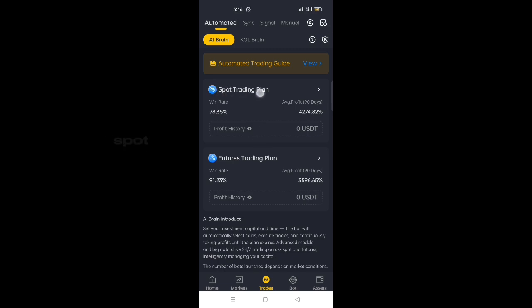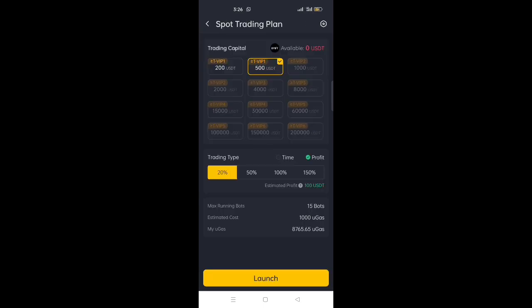Now I will tap on spot trading plan to set up profits and duration. This is where you choose profits and duration based on the trading capital that you have in your exchange account that you have connected to these bots. Let's say you want to use $500 as your trading capital from your exchange account. You have to select 500 USDT.